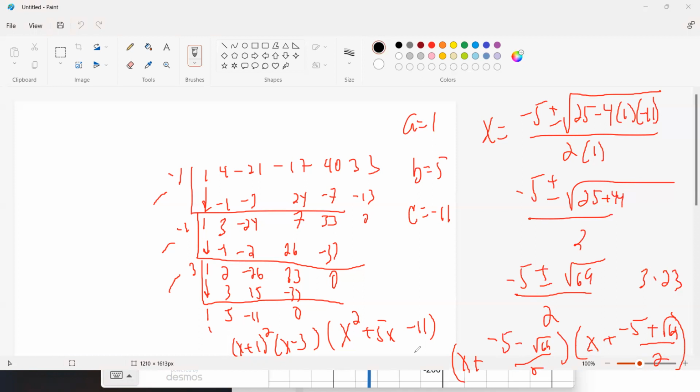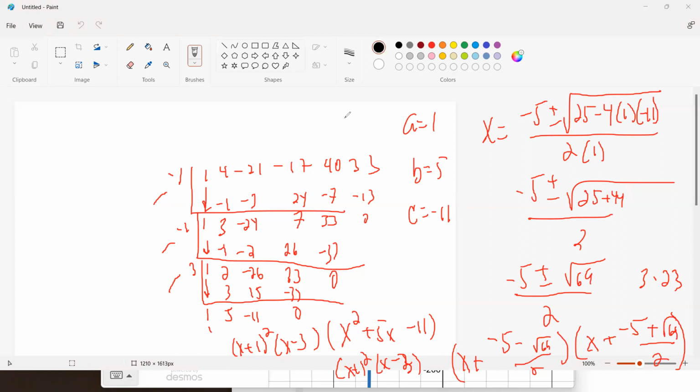And then I've got my other factors here: x plus 1 squared times x minus 3. And those are the linear factors. That I'm expecting you to be able to do. I want you to use the tech to find the rational roots, because why go through all that guessing and checking? The rational root theorem is great, but why use it when we don't have to? This part you need to use. Hopefully that makes sense and helps you get there.